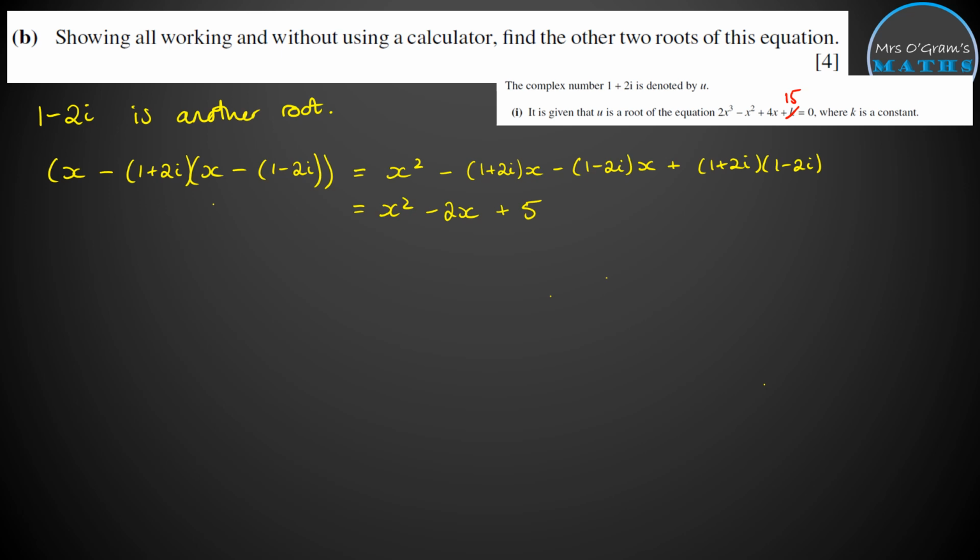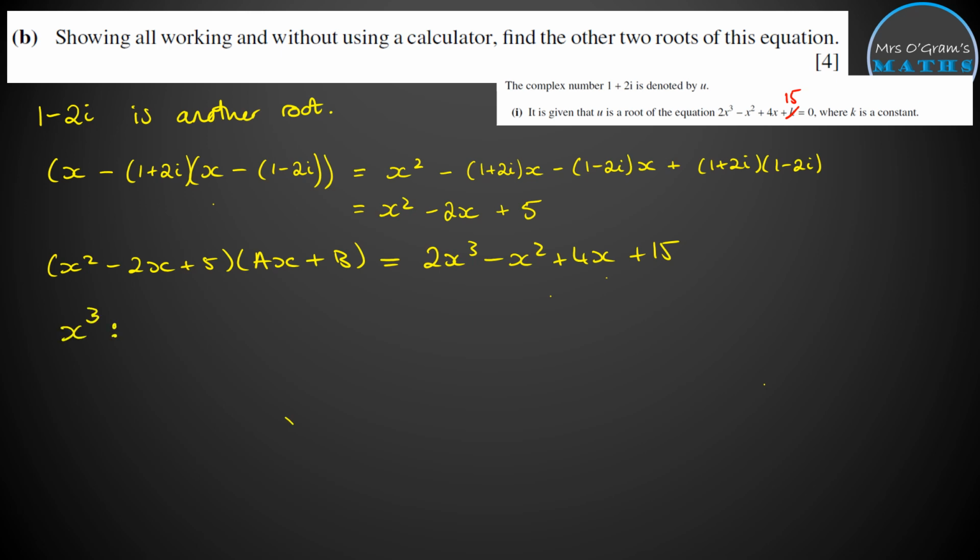And this comes to x squared minus 2x plus 5. From here we know that if we do x squared minus 2x plus 5 multiplied by a linear factor, so ax plus b is representing our other factor that we don't know yet, then that will have to multiply out to 2x cubed minus x squared plus 4x plus 15. So if we take a look at the coefficients of some of those terms, so x cubed, we need a on the left hand side to equal 2 on the right hand side, so a must be 2.